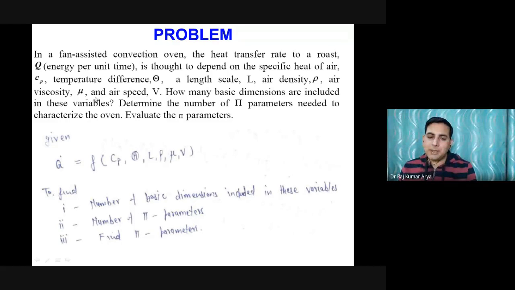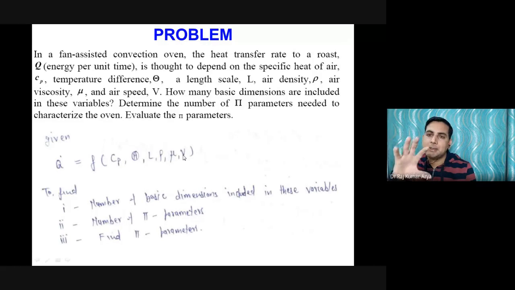As I told you in the Buckingham pi theorem, Q is what depends on many things, so Q is on the left hand side. It is a function of the heat capacity, temperature difference, length, density of air, viscosity, and velocity.